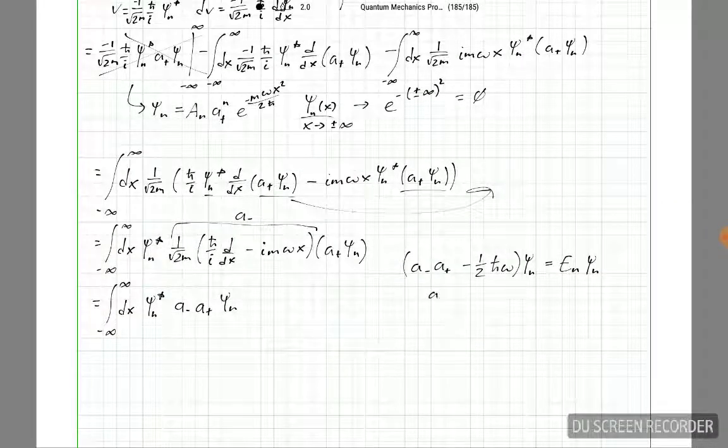So then if I go ahead and solve that for a minus a plus psi n, I get En psi n plus 1/2 h bar omega. We can go ahead and put that in here.